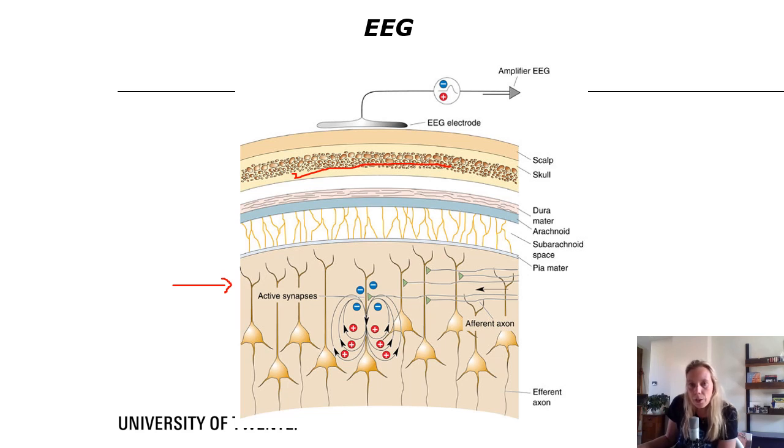If sufficient of these neurons fire synchronously, so if they fire together, then the summation of their synapses, of their potentials, reaches the surface of the brain. And here we can grab it with an EEG electrode. So actually you need two. This picture is wrong. You always need two. And these signals are being transported to an amplifier, with which we can record the signals.